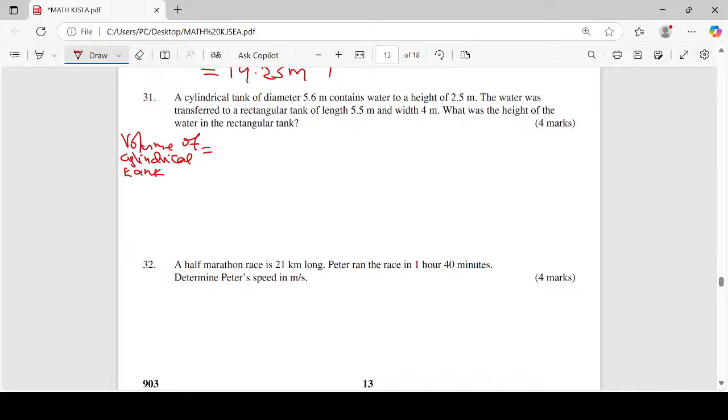The volume of that cylindrical tank is given by pi r squared h.